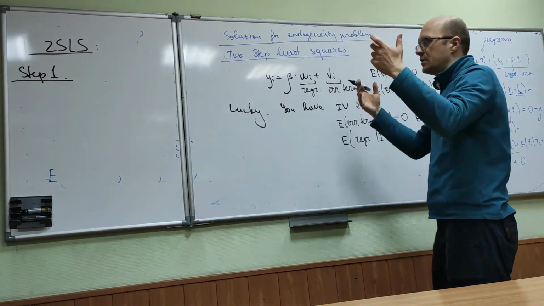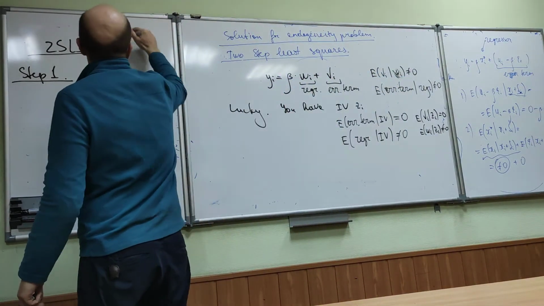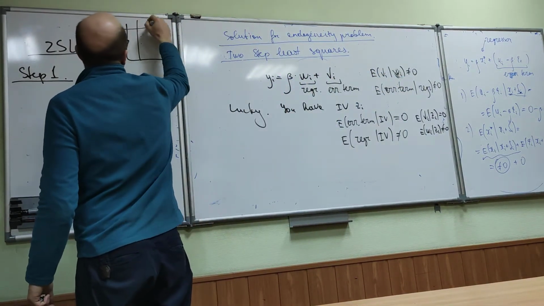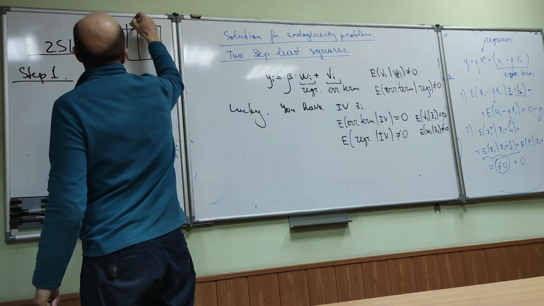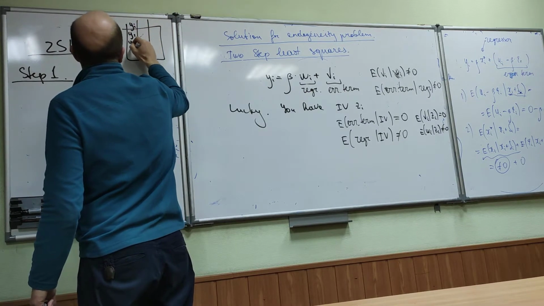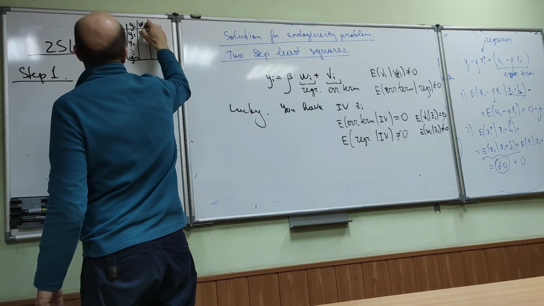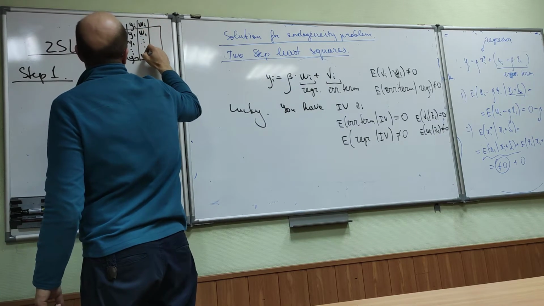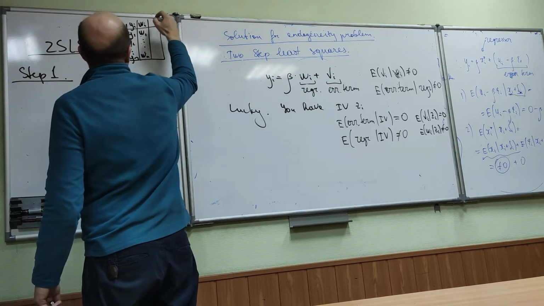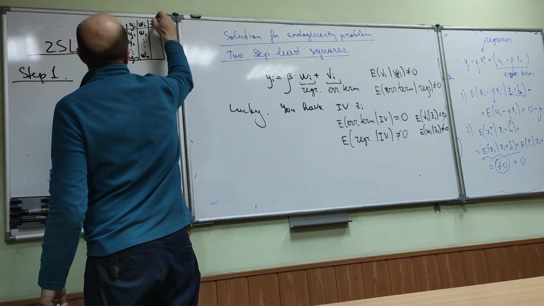You have y1, y2, ..., yn, you have w, which is a bad regressor, a bad guy, and you have a good guy, zi.